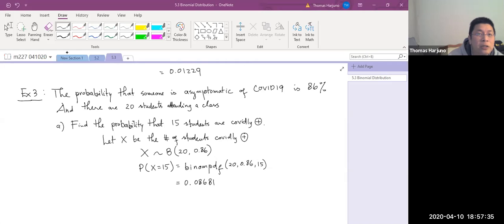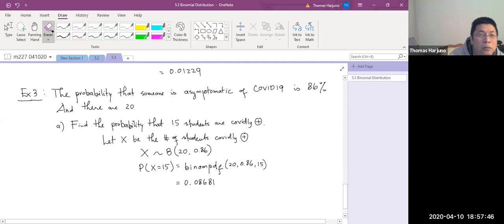My illustration here is actually not correct. Let me change the wording a little bit. So there are 20 students tested positive. What is the probability that 15 students are asymptomatic?